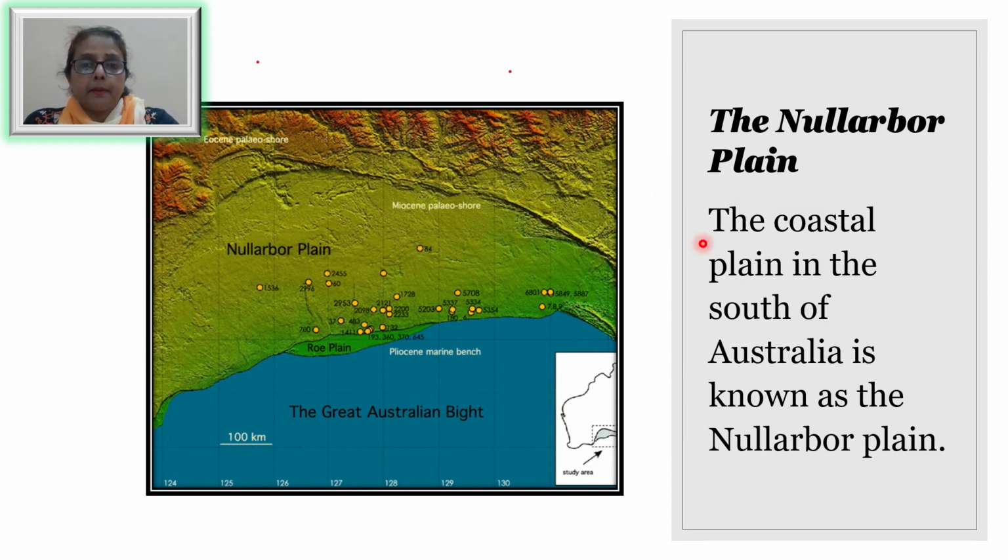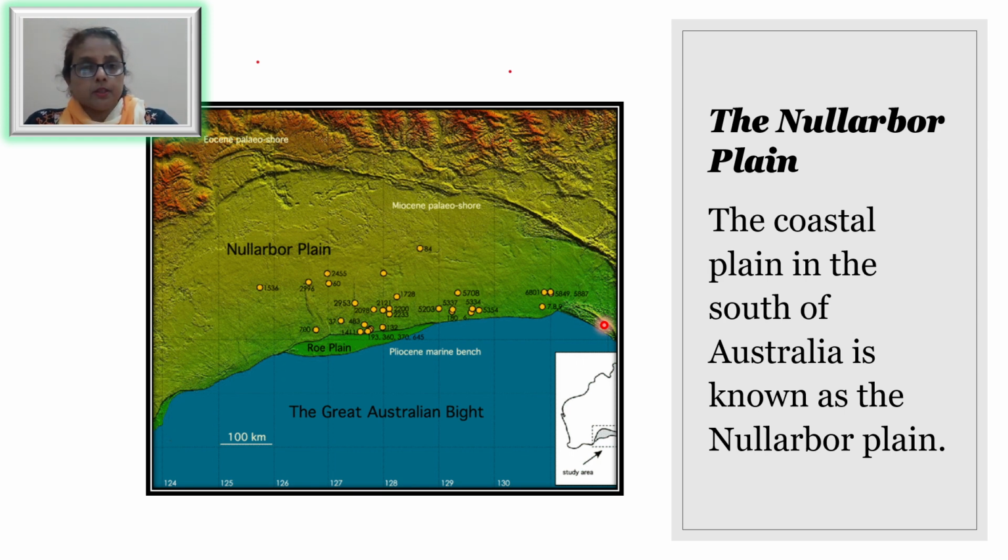The Nullarbor Plain, which is found in the southern area of Australia, is a coastal plain, and it is very, very wide.